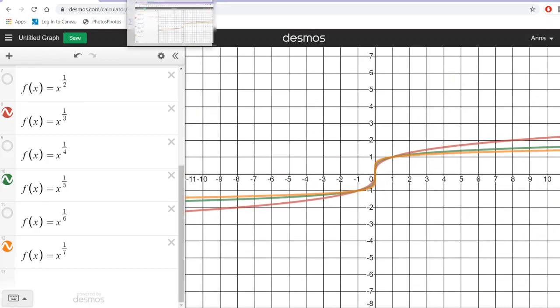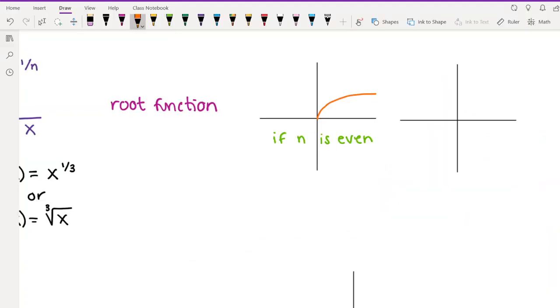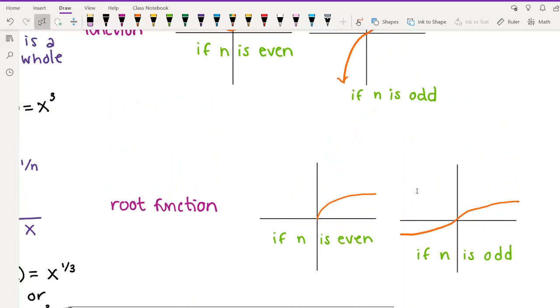So let's go back to our notes here, and we can say that if n is an odd number, then your graph will look kind of like this. So again, just like with the last one, I would expect you to have some general familiarity.